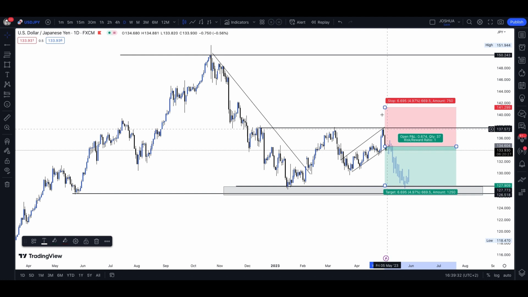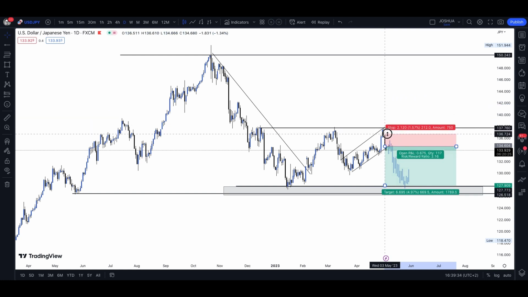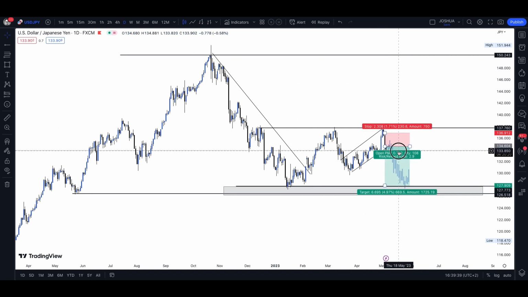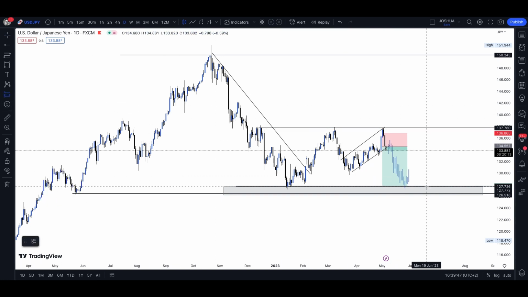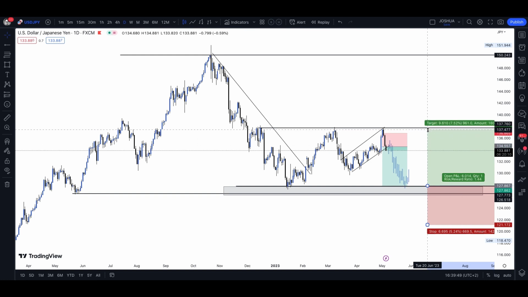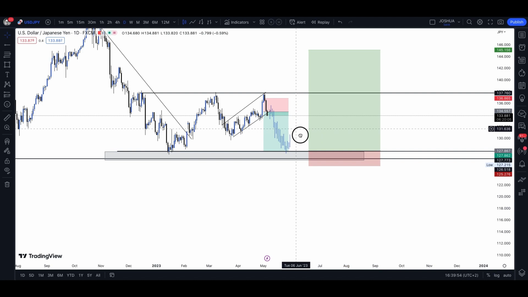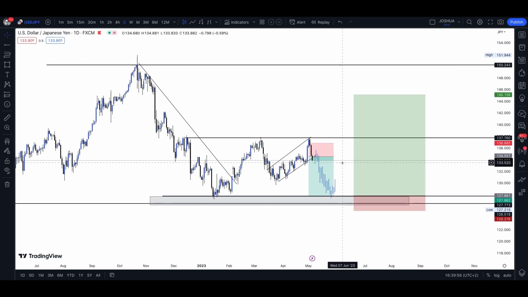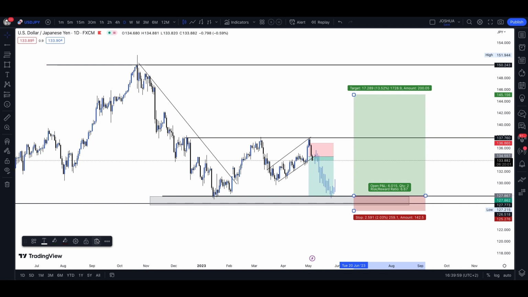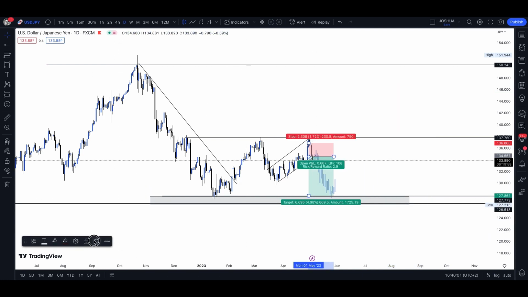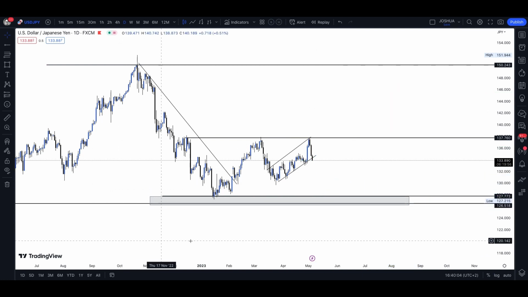So we're looking for selling opportunities from there, and we're looking for buying opportunities from our support level. You can even take today. So this is my analysis on the daily time frame on USDJPY. This is what we are likely to expect on USDJPY. Also have this point, not forgetting this point.